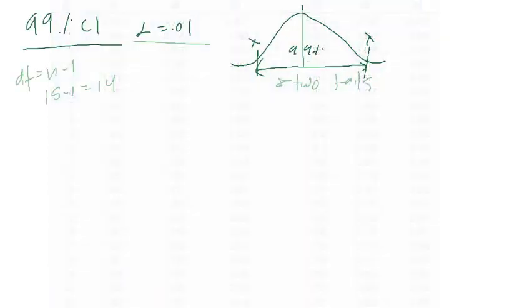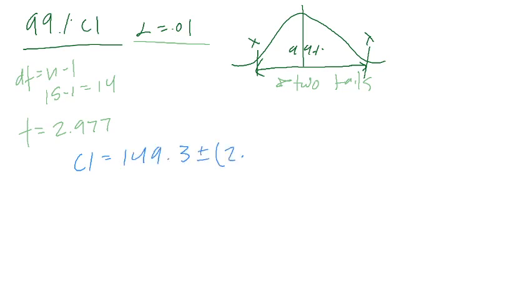Let's go ahead and pop that over on our whiteboard. So that t that we're looking at is equal to 2.977. All right, so everything's the same except for the t. So let's go ahead and work this out. So the confidence interval is equal to our mean plus or minus that t-value we just grabbed.